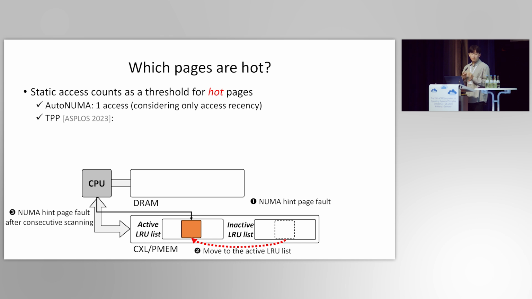After that, if a subsequent NUMA hint page fault occurs at the same page and this page is still in the active list, TPP promotes it to the fast tier. So we can say that the hot threshold of TPP is 2.